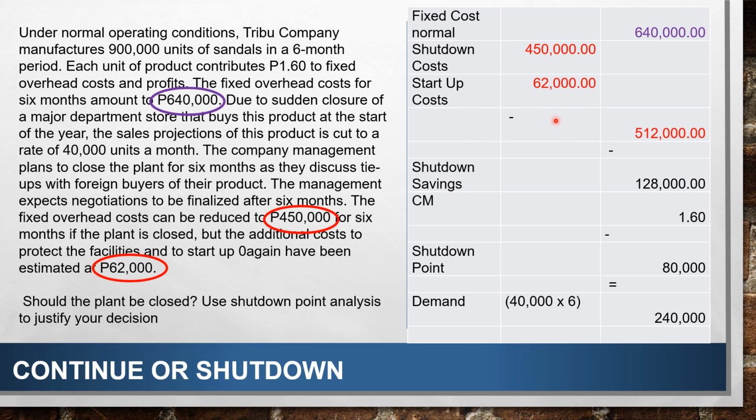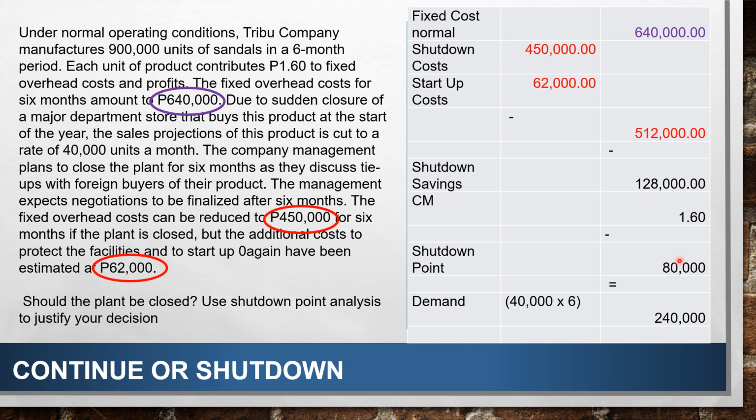So therefore, our shutdown cost, if we shut down, is 512,000. So we will have a shutdown savings of 128,000. So shutdown savings divided by unit contribution margin, we will get our shutdown point of 80,000. So therefore, again, we repeat, at 80,000 units, we are indifferent whether we shut down or continue operations.